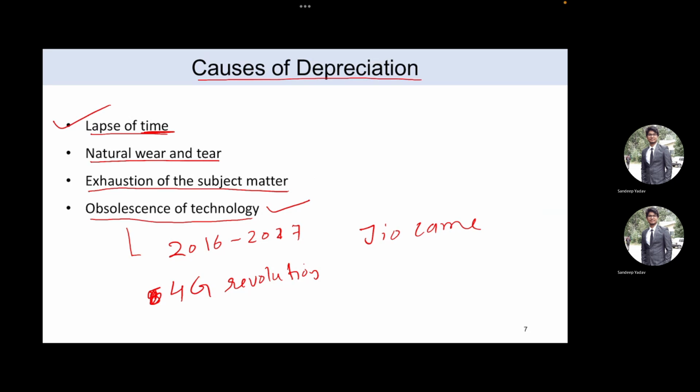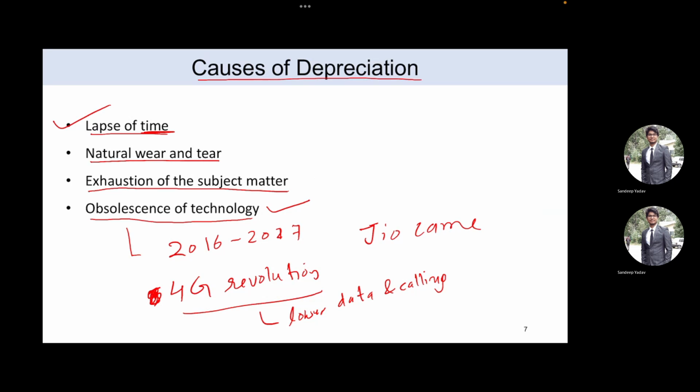Each and every person, because of the lower rates of data and calling, wanted to shift to the 4G network because of the competition. All other players, other companies like Airtel, Vodafone, were also bringing the same lower rates. So we can say that is obsolescence of technology.